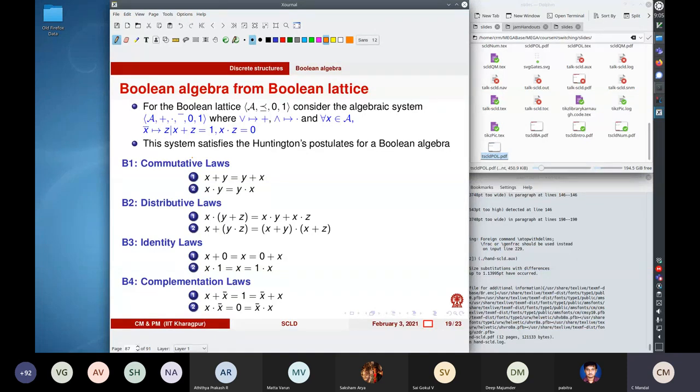And so Huntington's postulates were proposed independently.